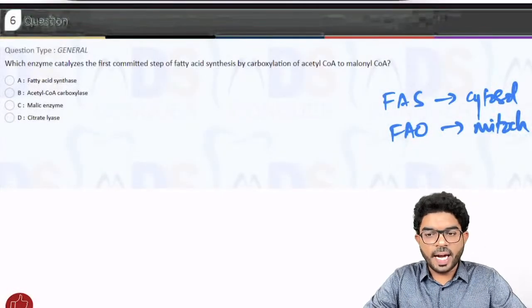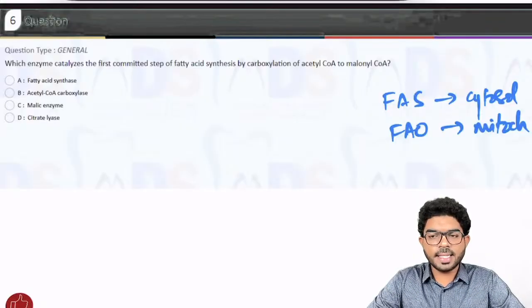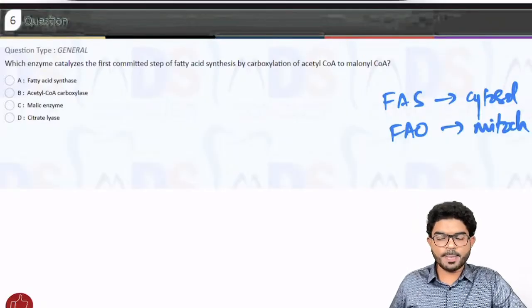Okay, right. So fatty acid synthesis takes place in cytosol and fatty acid oxidation takes place in mitochondria.